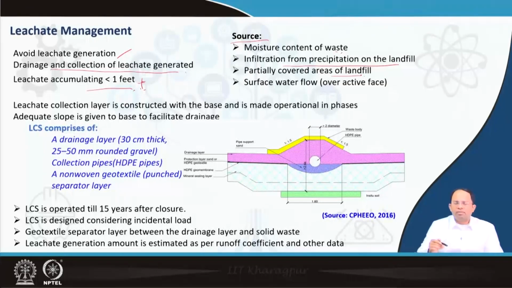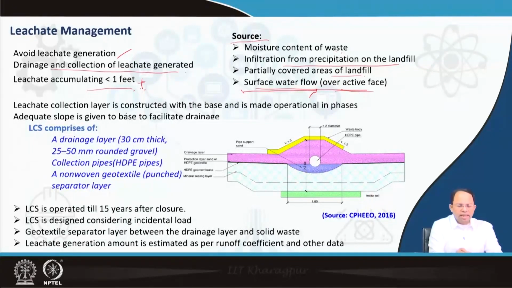Then partially covered areas of landfill and surface water flow over the active phase. In case surface water moves over the active phase, then also it will result in a lot of water infiltration, right? Of course, we will prevent that. Our goal is to prevent surface water from flowing onto the active phase of the landfill.